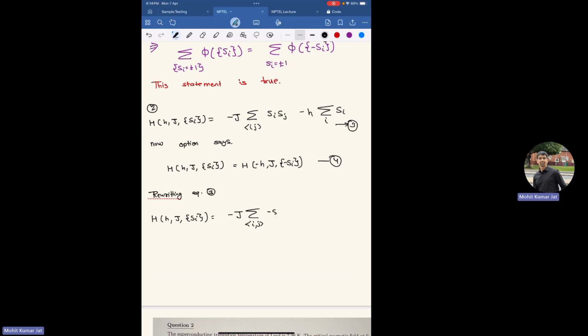I can write it like minus Si and minus Sj because that will cancel the sign, and minus h summation over i of Si. Or I can write it better: this is minus h times minus Si.